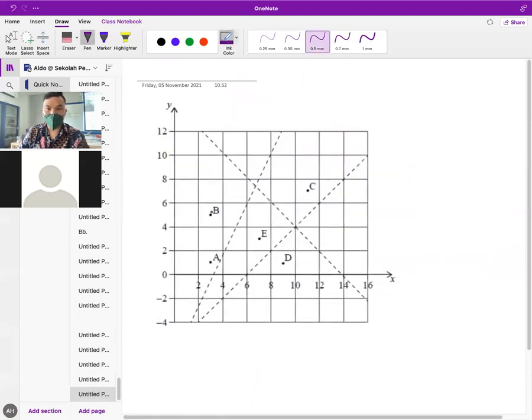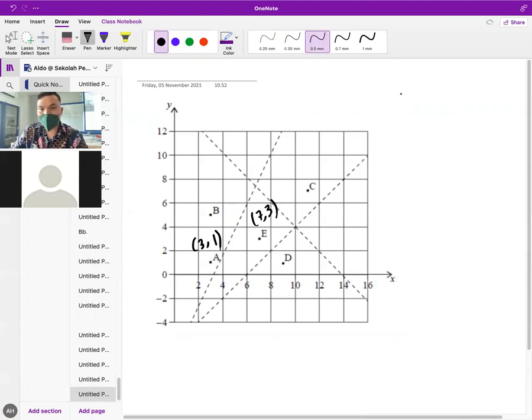Now, because the question is asking for the gradient AE, A is around 3,1. Agree, yeah? And E is about 7,3. Okay, 7,3.